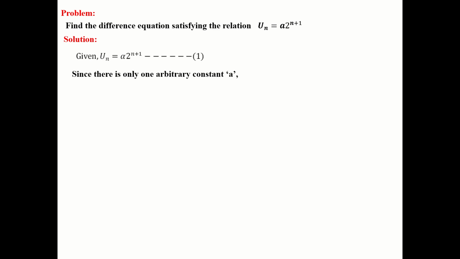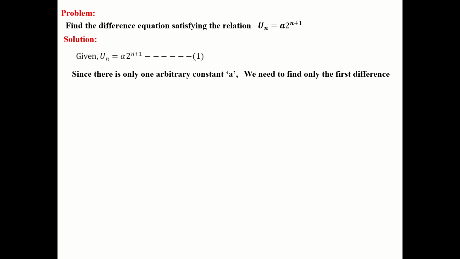Next problem. Find the difference equation satisfying the relation un, which is equal to a into 2 power n plus 1. So given un is equal to a, where a is a constant, into 2 power n plus 1, that is equation number 1. Since there is only one arbitrary constant a, we need to find only the first difference.